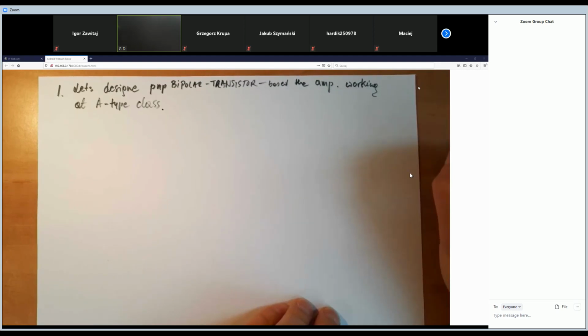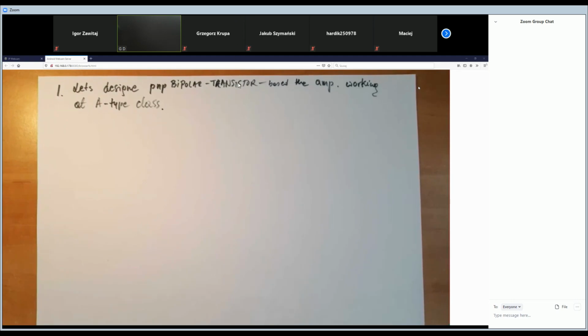DC current is passing through all the time, and if we plug in the input signal, which has to be amplified, in fact, this DC stable, fixed point of the current which is passing through the transistor starts to change or fluctuate according to the input signal. That's the A-type class amplifier. Yeah.